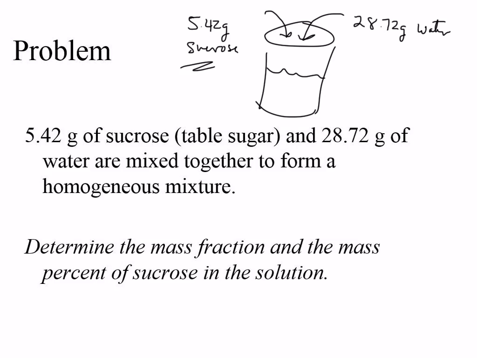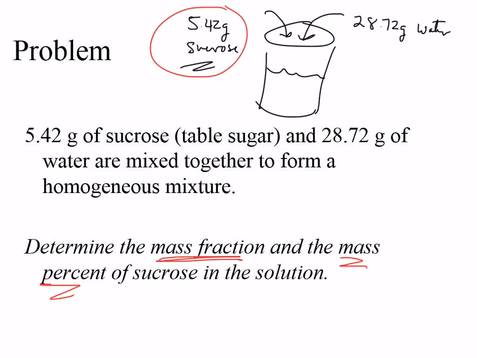So the question is, we're supposed to knock out mass fraction, which is just going to be the mass of sucrose divided by the total mass. And then we're supposed to knock out mass percent, and they just differ by a factor of 100. Mass percent of sucrose in the solution.